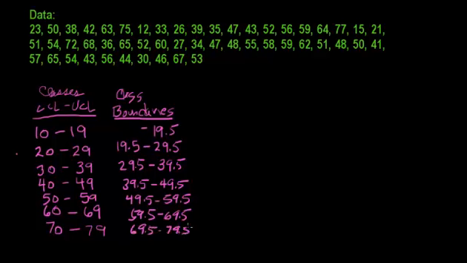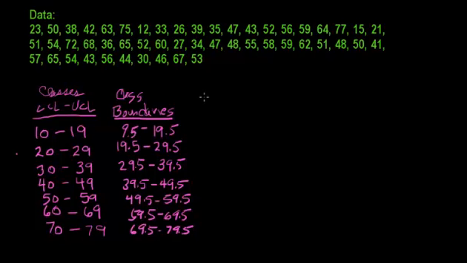Now I didn't do that first lower class limit because it was easier to start here and then figure out what it should be. So now I can just subtract 10 and see this should be 9.5. Okay, so now we have our class boundaries.